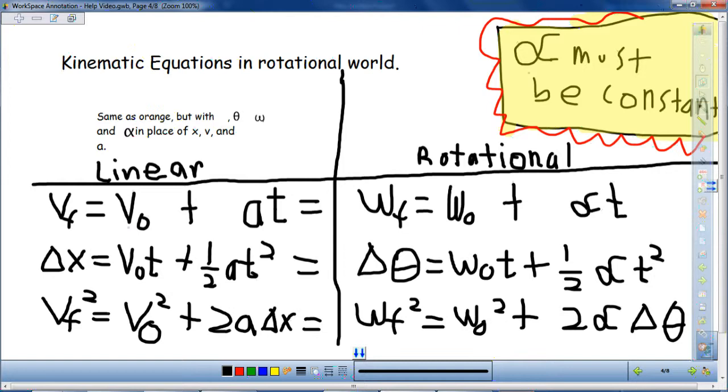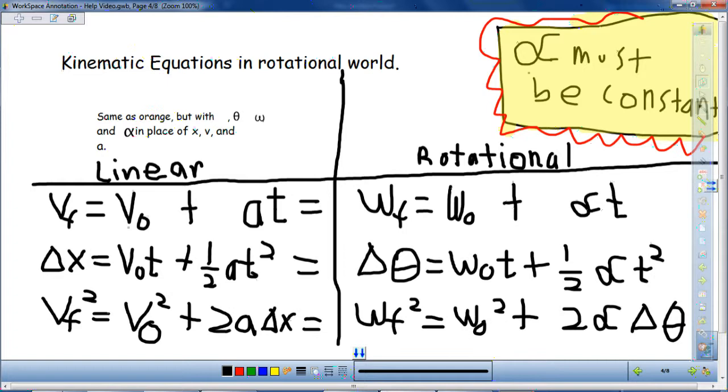And finally, the third black is omega final squared equals omega naught squared plus 2 alpha delta theta. These are all for constant-acceleration situations, just like the orange equations. You need to have alpha as a constant, otherwise they won't work. Just like the orange equations, where acceleration must be constant, your alpha must be constant.